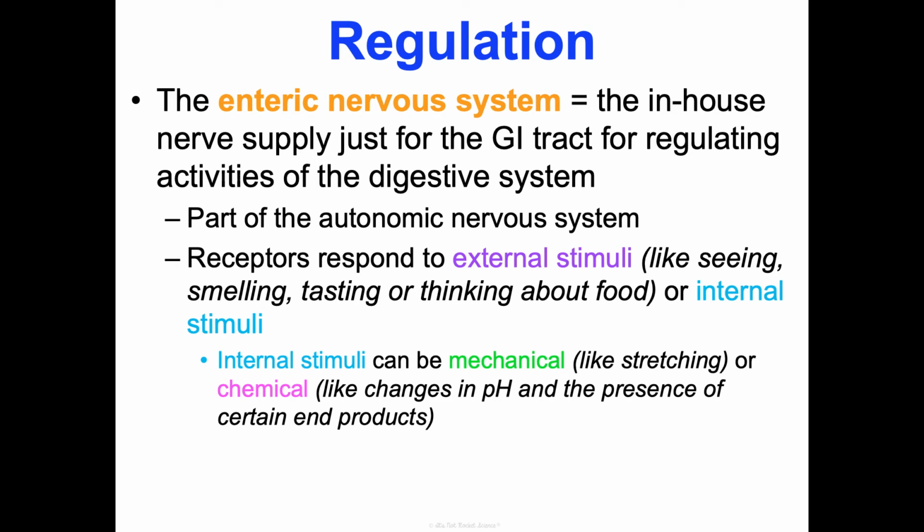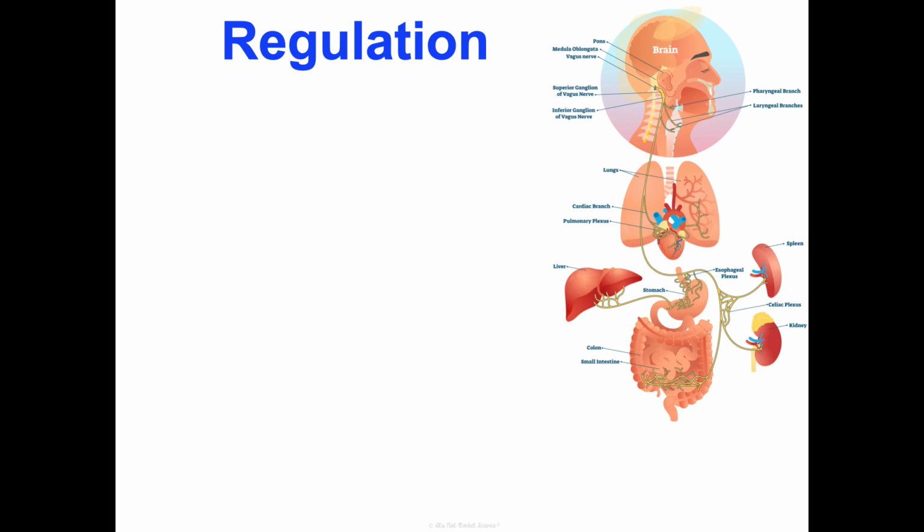So it's actually crazy. We'll talk about the vagus nerve on the next slide, but studies have found that if we sever the vagus nerve, which is the cranial nerve that runs from your brain all the way into your abdomen, the enteric nervous system can still function independently. So it's almost like an entirely independent secondary nervous system in your body, which is kind of crazy and pretty cool.